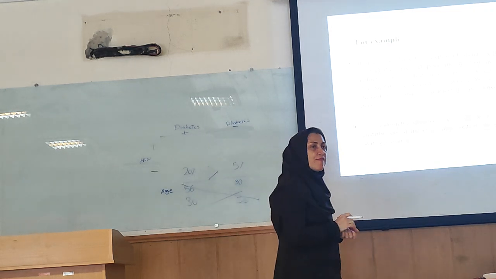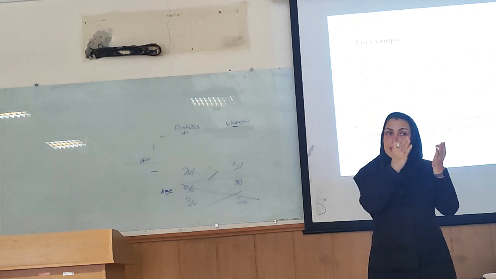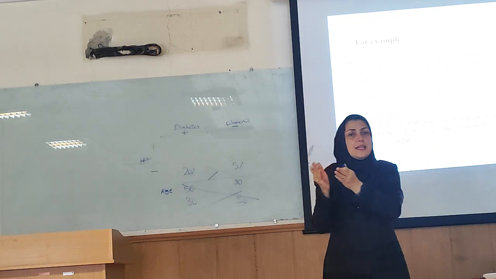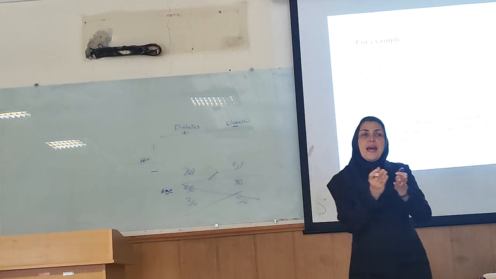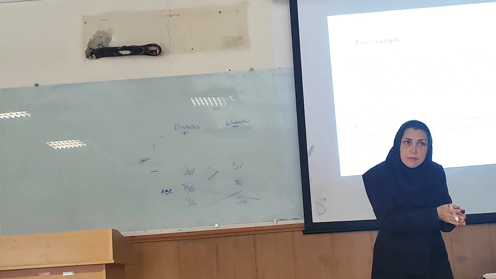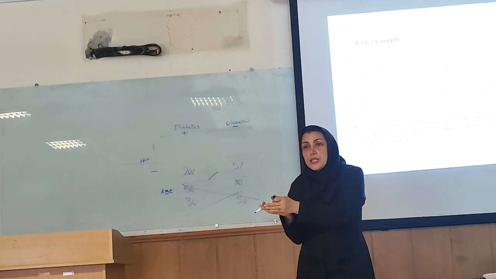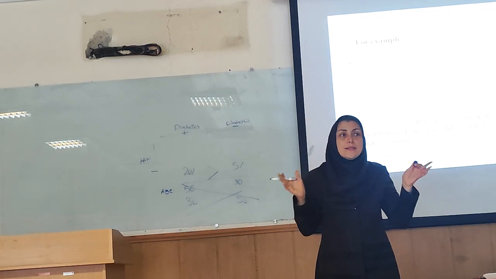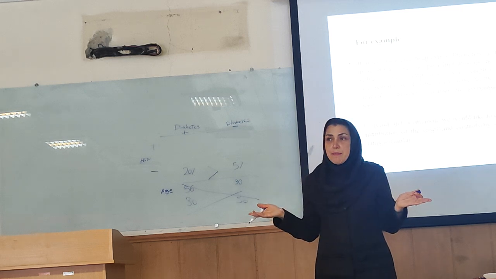If I have a diabetic case that is, for example, 60, we can select a control that is 60. If we have a patient that is 40, we can select a control that is 40. So finally, the mean age in cases and controls would be the same.